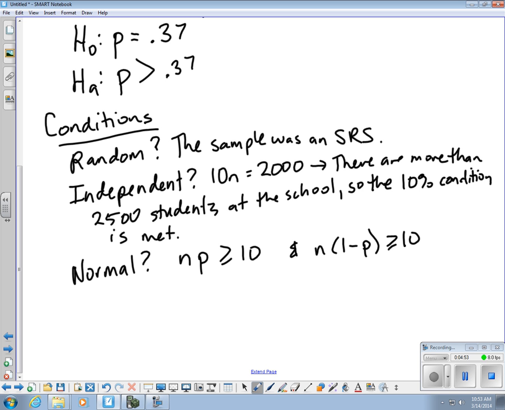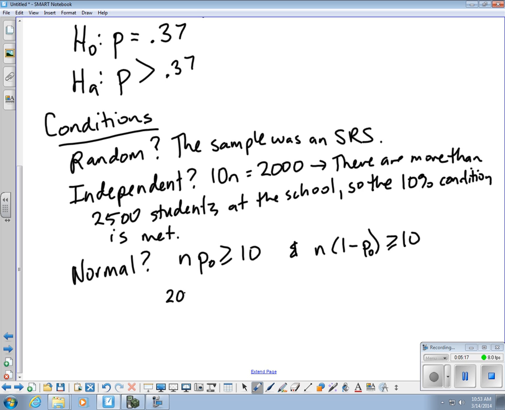Remember that this is saying expected number of successes, that's n times p, sample size times probability of success, and expected number of failures, based on the null hypothesis. So it's not a bad idea to put the little null sign in there to remind yourself that you're using the null hypothesis value, not the actual number of successes from our sample.